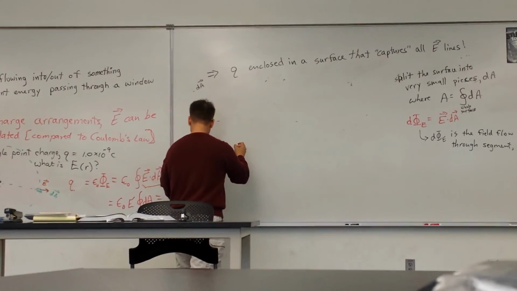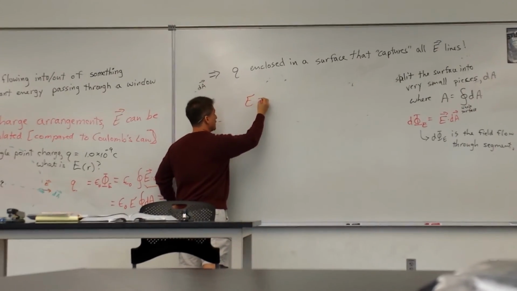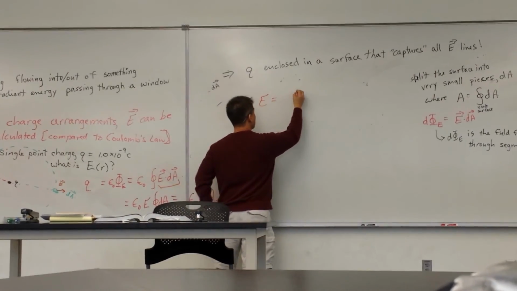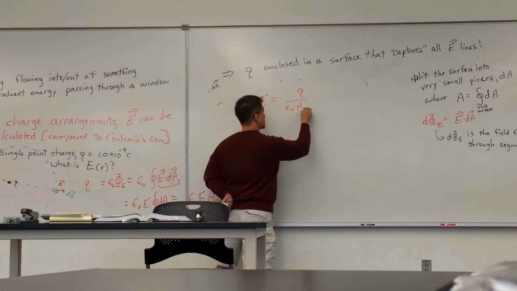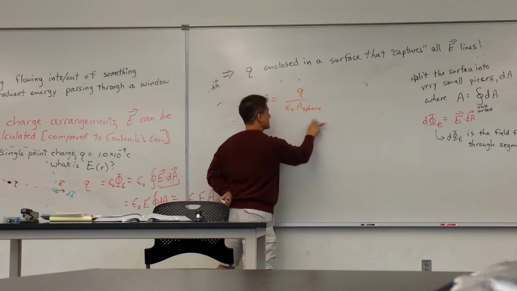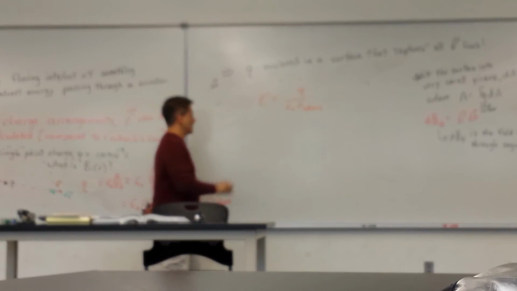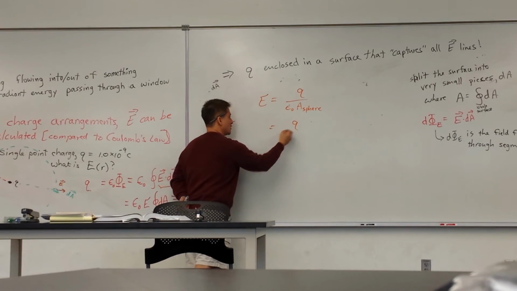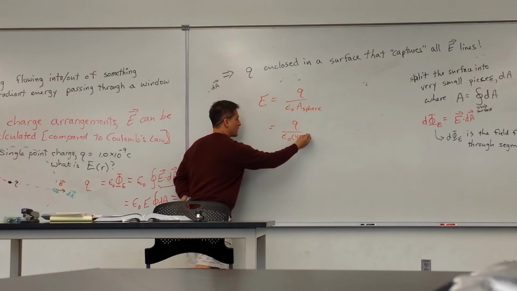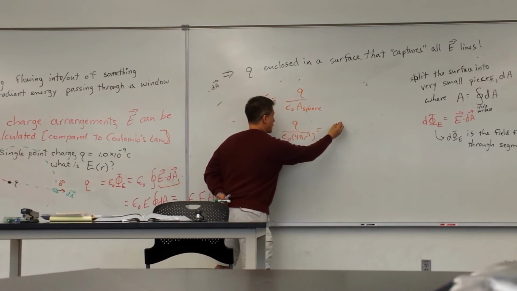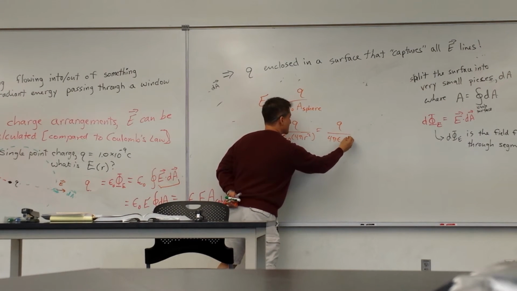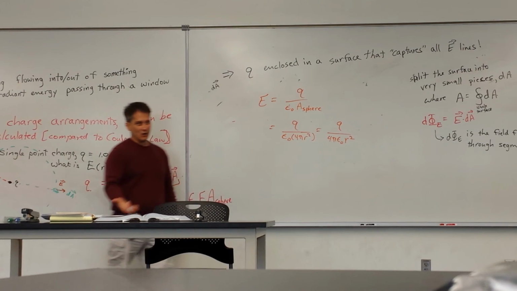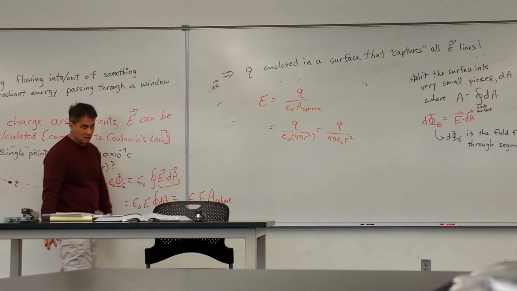But what this leads to then is that the electric field should be related to Q over epsilon naught times the area of this sphere at this particular distance, which should be equal to Q over epsilon naught times 4 pi r squared, or rewritten maybe 4 pi Q over 4 pi epsilon naught r squared. Oh, how convenient.